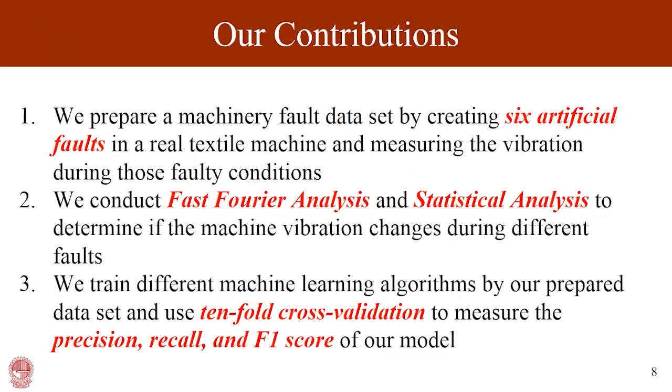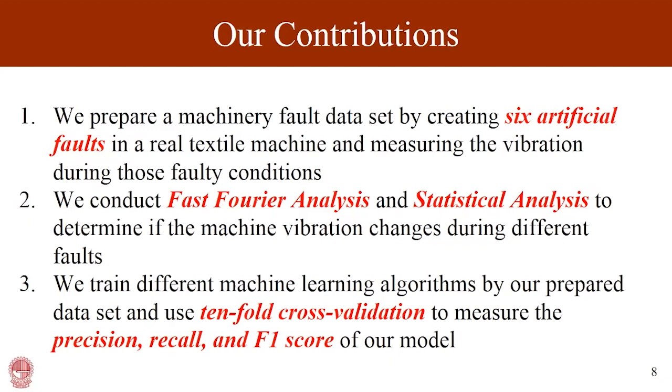Now, in our research, what we did, we created six artificial faults in textile machinery, and then we measured the vibration during these fault combinations. And the six artificial faults that we created were created on the core mechanical components of the machine.